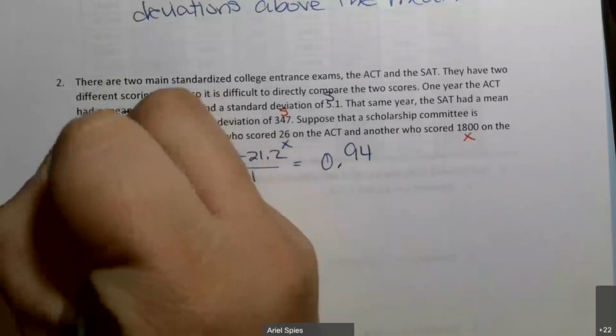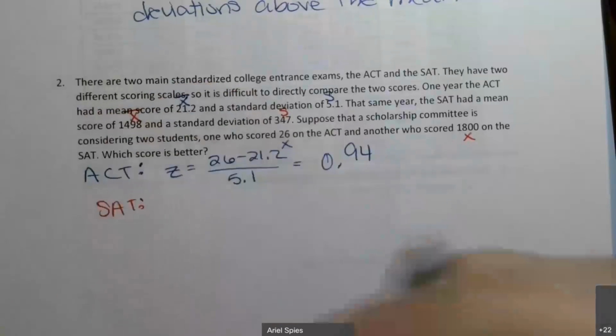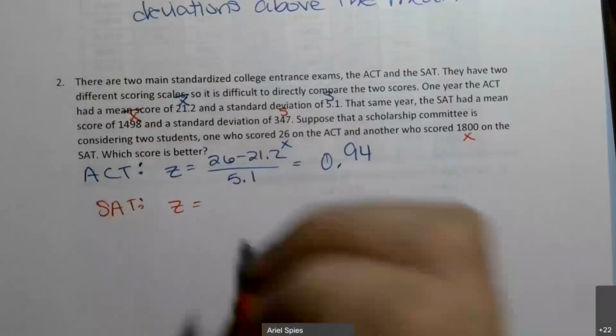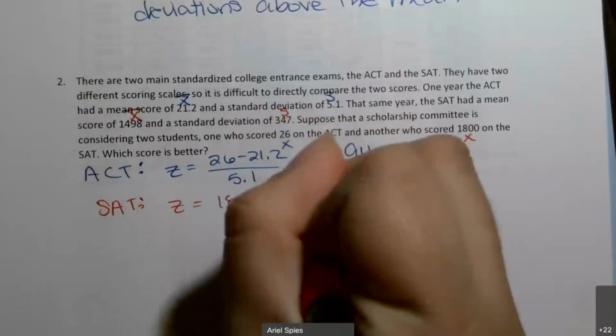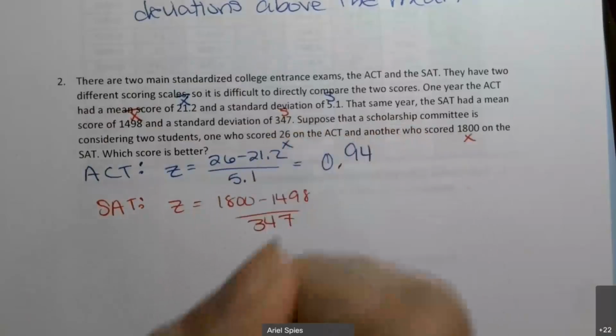So then I want to go ahead and plug it in. I have 1800 minus the 1498 divided by 347.